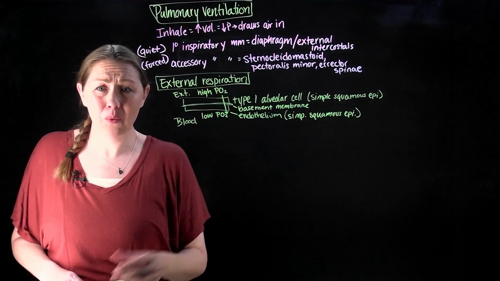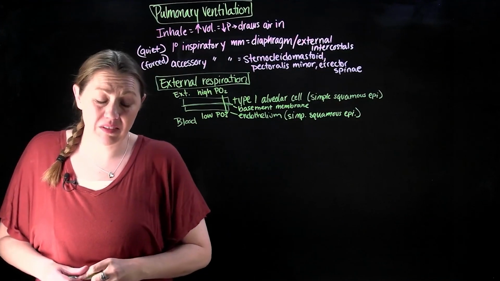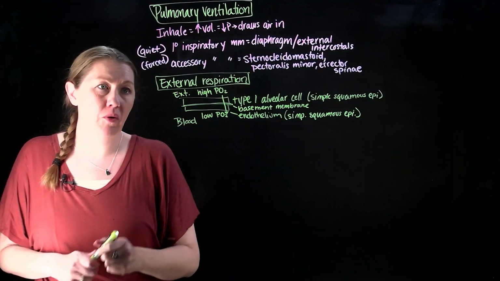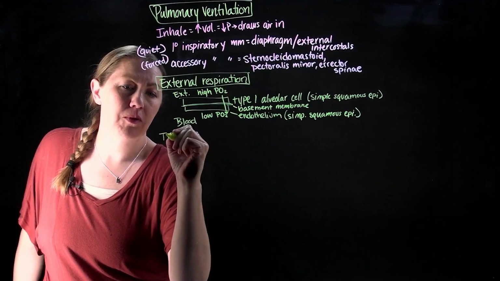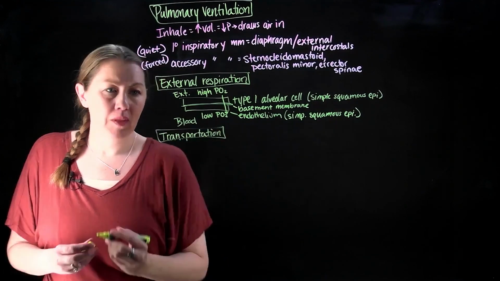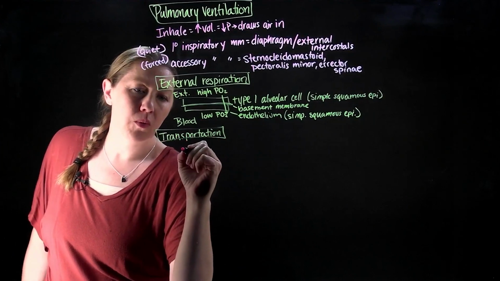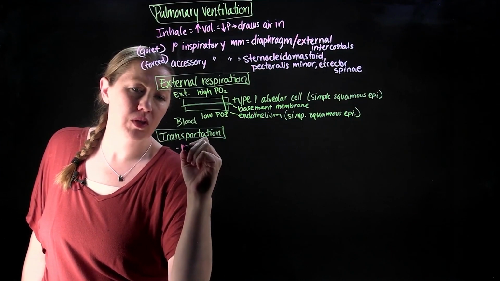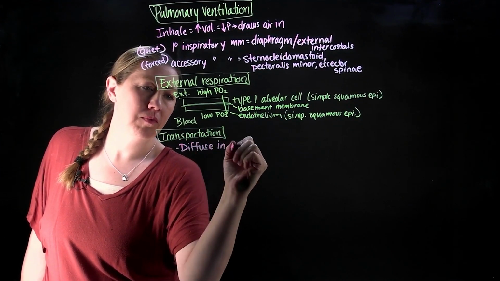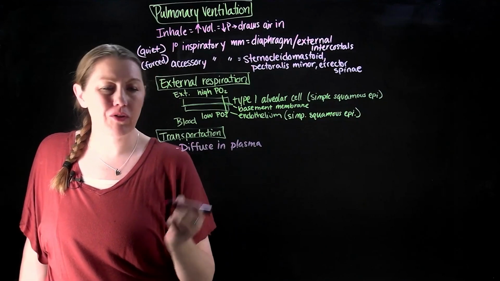Okay, so now we have it in. What do we do next? Well, we've got to transport it. So our next step is transport. With the transportation of an oxygen molecule, oxygen can diffuse in the plasma, but that's not oxygen's favorite way to travel.